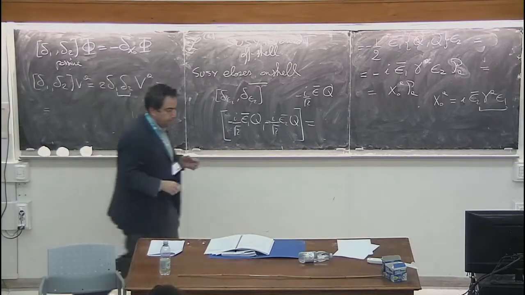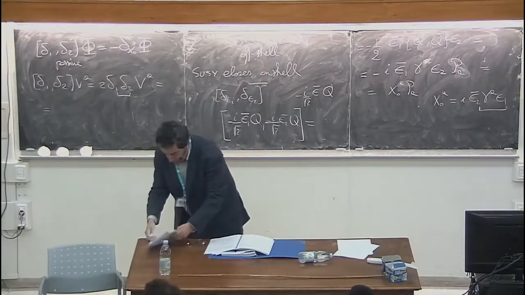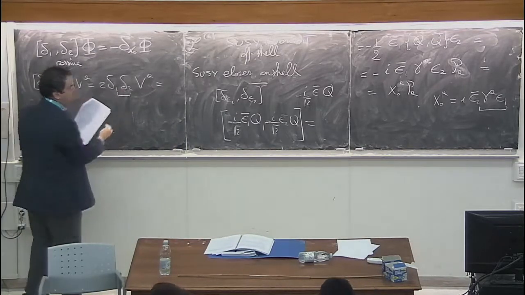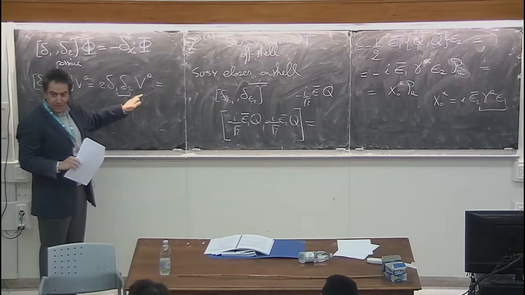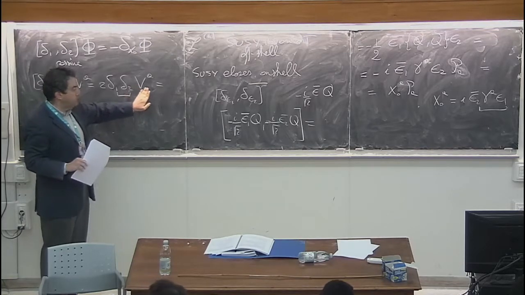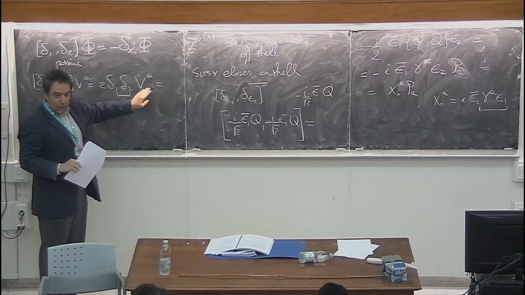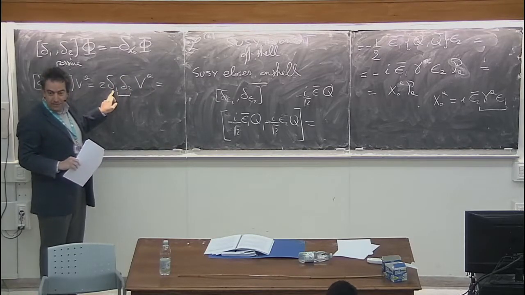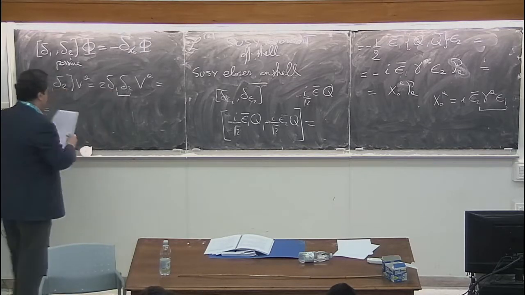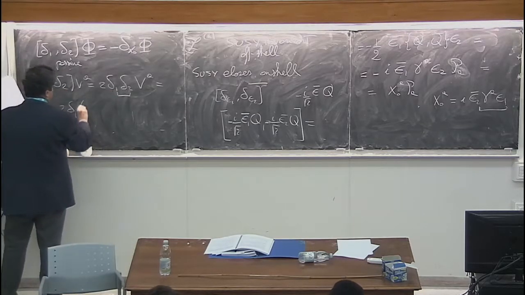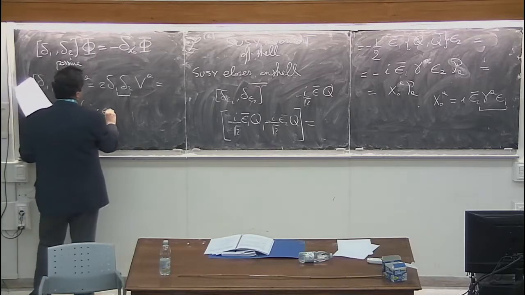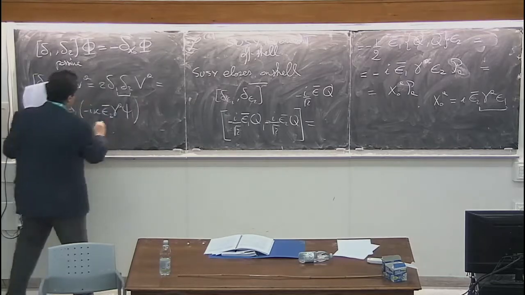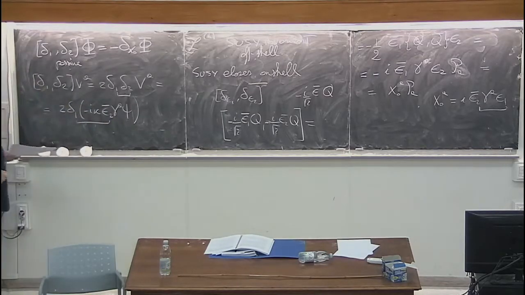What is this? First compute delta 2. This is the passive description. We first compute delta 2, and then on the fields inside the expression of delta 2 we vary with respect to 1. This is the prescription. So twice delta 1 times minus i kappa epsilon bar gamma A psi epsilon 2, anti-symmetrized in 1 and 2.